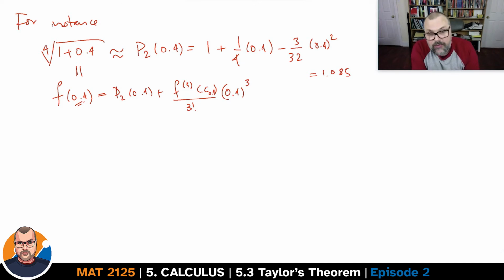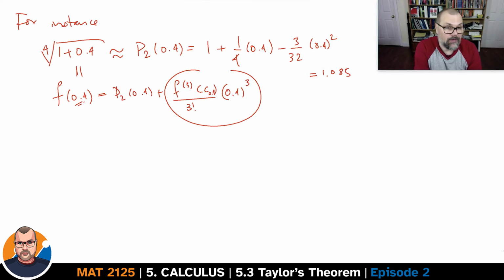Now we can't compute the true value of c here, hence we can't compute the remainder. But since x0 was 0 and x is equal to 0.4, c's got to be somewhere between 0 and 0.4, so we know that c is greater than 0.